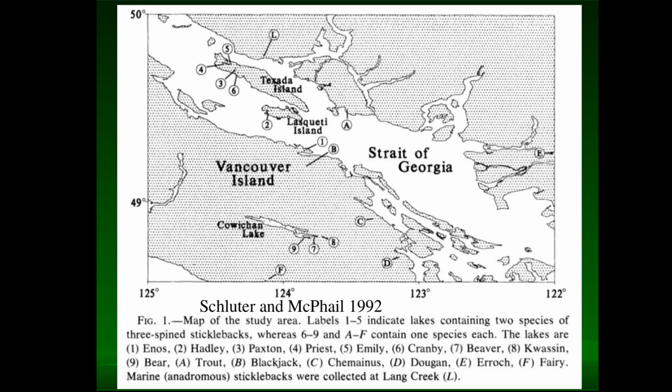So Schluter and McPhail, Dolph Schluter, who's a friend of mine, in the 1990s found character displacement in gill raker size in different populations of three-spined stickleback, very similar to what Darwin found in Darwin's finches. Only here, instead of having islands in the water, we have actually islands of water, namely lakes, that are separating the species.